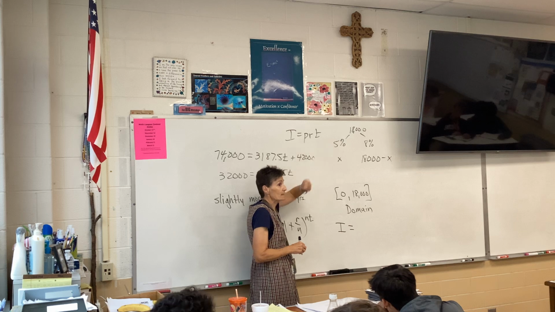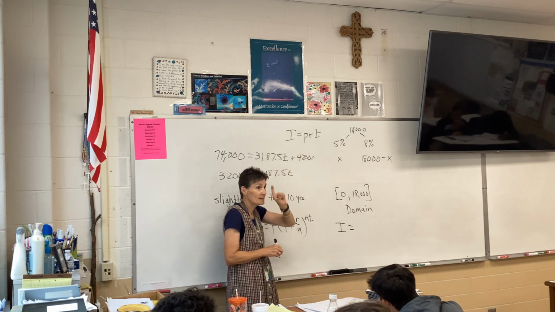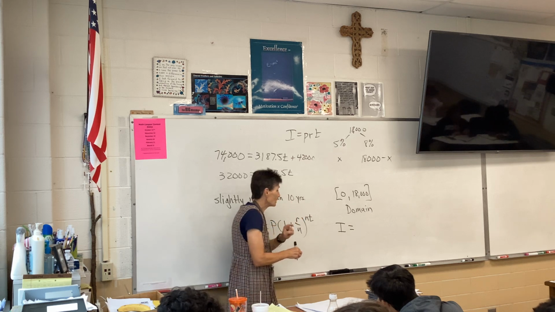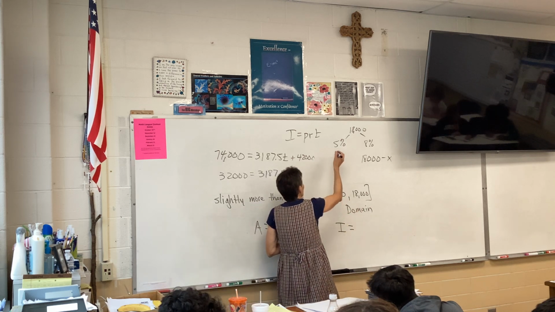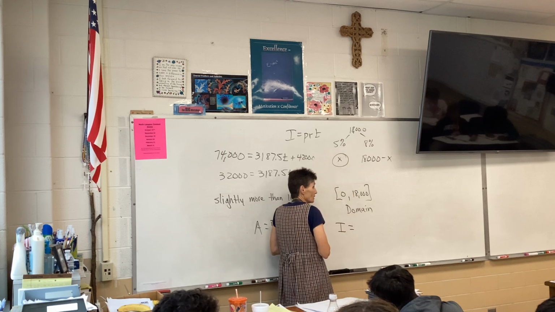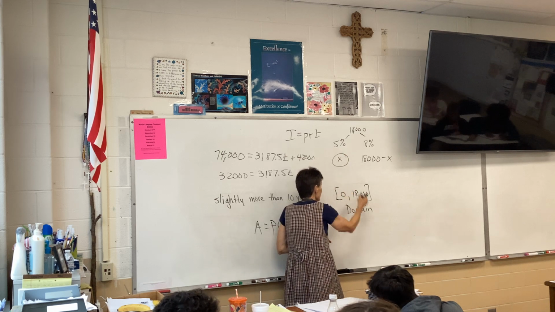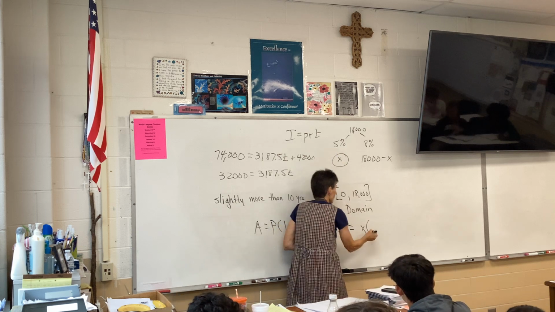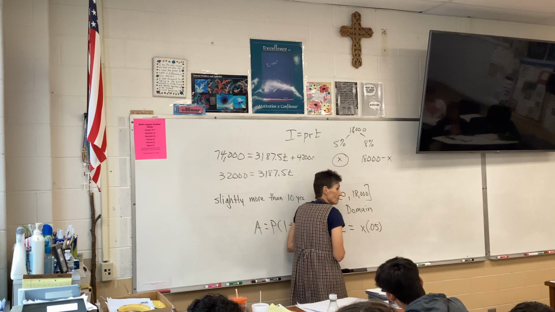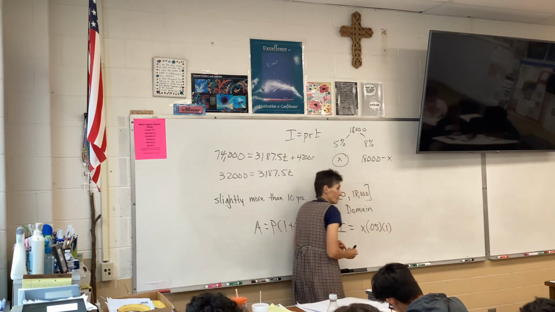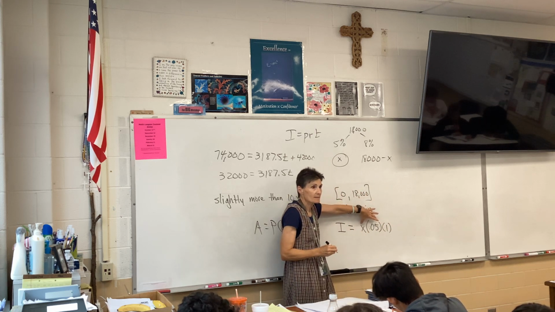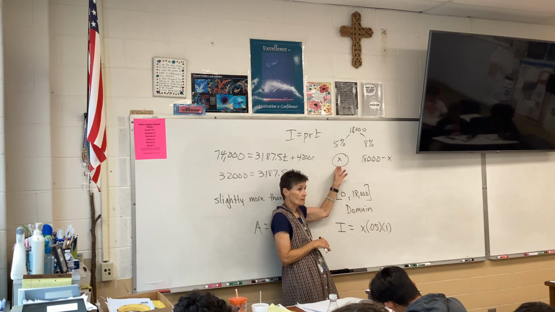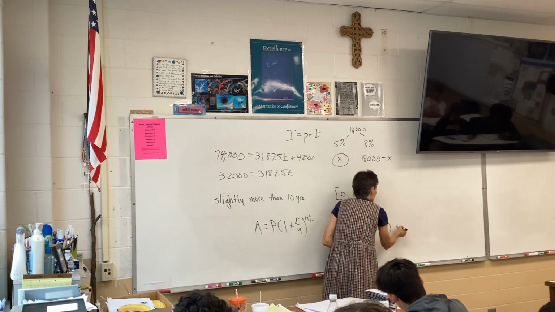Now, it tells me in the problem that T is 1 year. So T is 1. So let's look at this account. The principal is X. The interest rate is 0.05 and the time is 1. So this is the interest on this part. What would the interest be on this part?